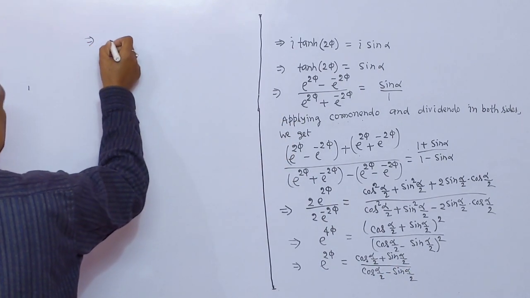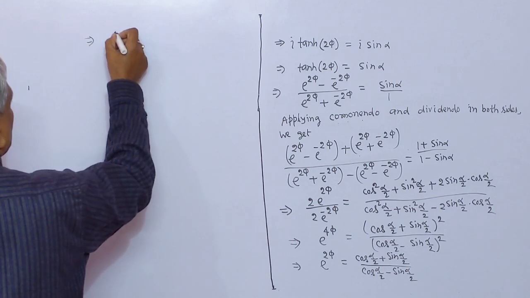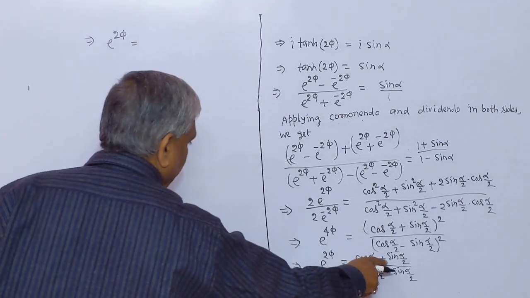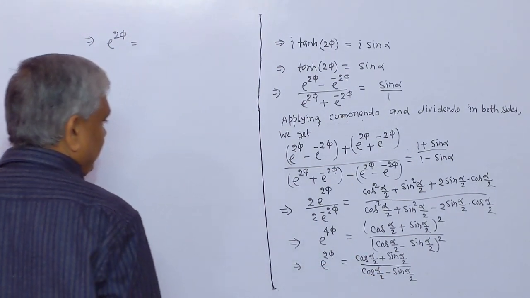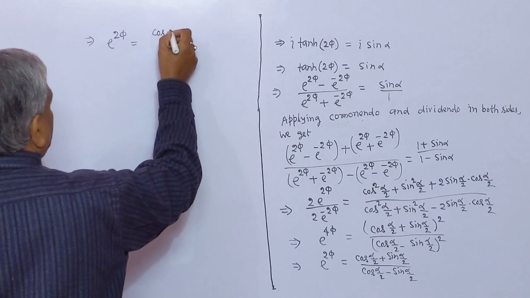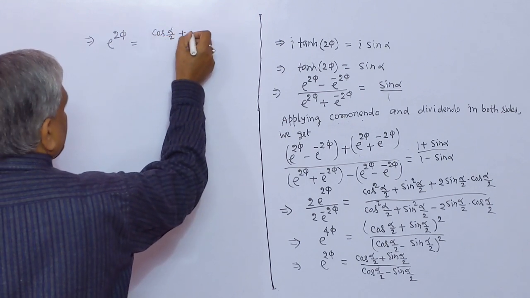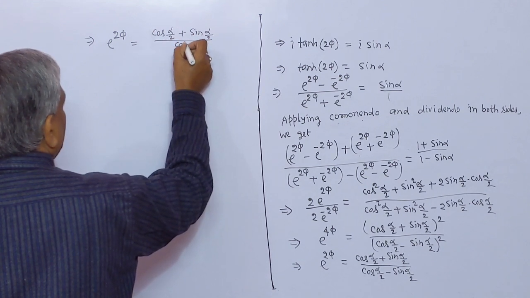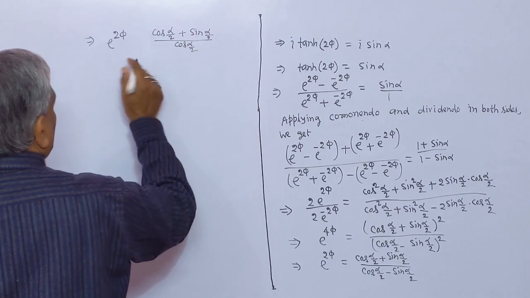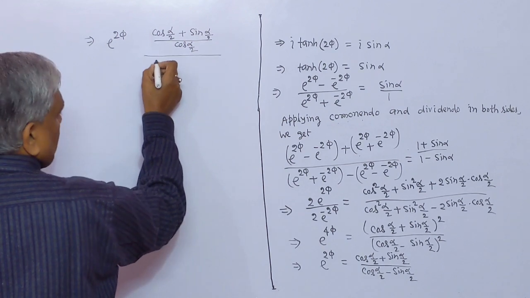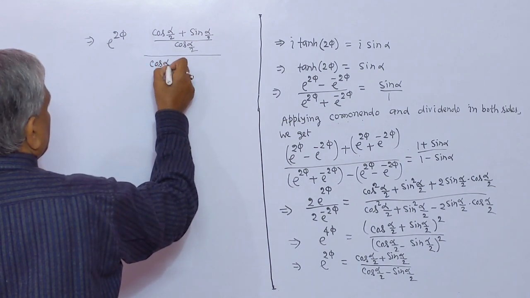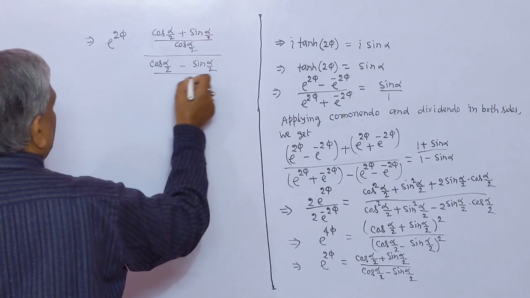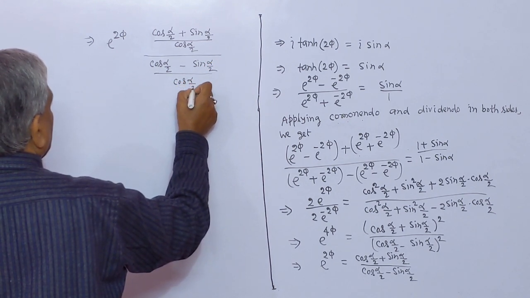Implies that e to the power 2 phi equal to, dividing numerator and denominator by cos alpha by 2, (cos alpha by 2 plus sin alpha by 2) by cos alpha by 2, by (cos alpha by 2 minus sin alpha by 2) by cos alpha by 2.